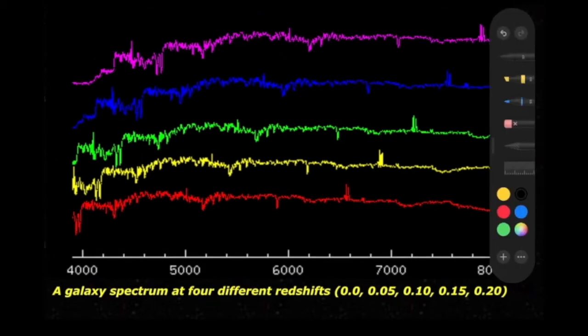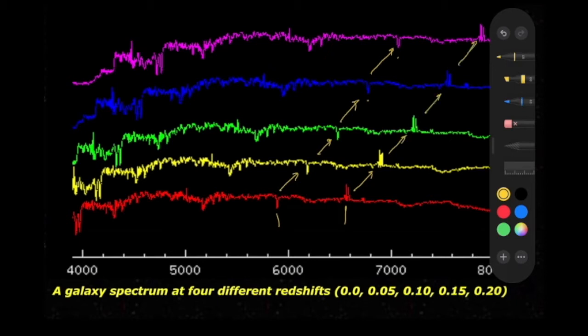Every time you see these, you observe that there is a shift in the spectra. This line, for example, has moved there and then there and then there. This line, for example, has moved there and then there and then there.